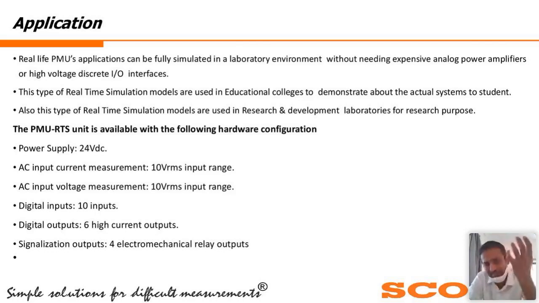This device mainly takes the data and sends it to the PDC. It's like an RTU or gateway in what it does. But this device is very accurate, with high speed sampling. It takes the data and sends it at high speed, with accurate time stamping, to the PDC. That's the only difference. But it won't do any protection applications in the system. Whatever command comes from the PDC, it will execute.